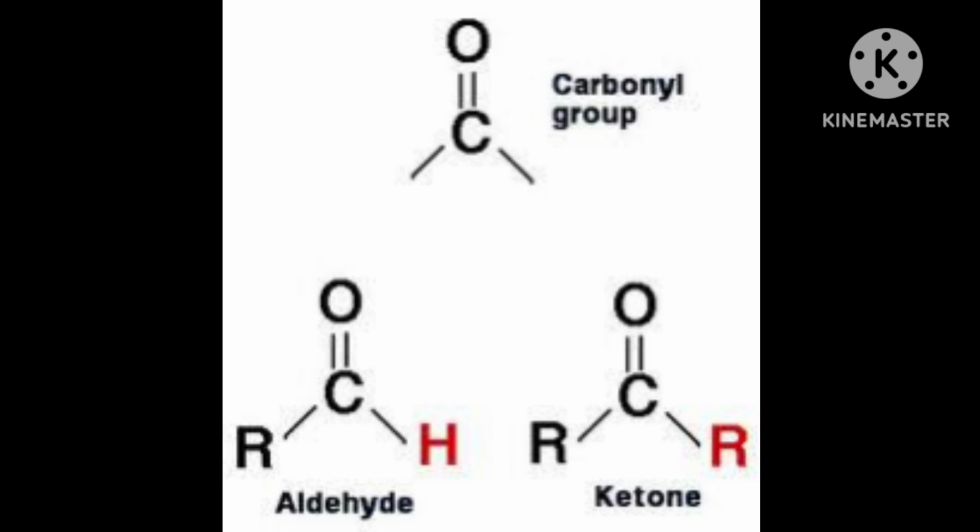A simple example of ketone is when CH3 is attached on both sides, then it is called acetone. CO is the ketonic group, and CHO is the aldehyde group.